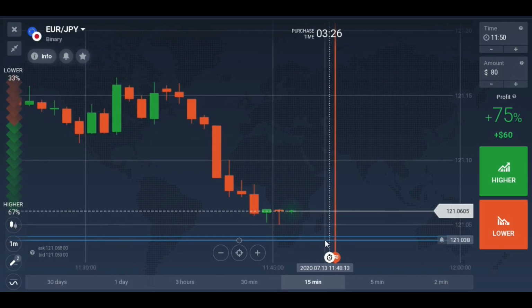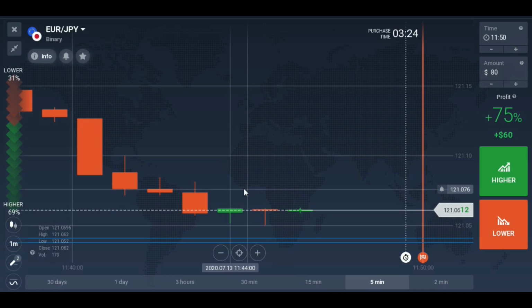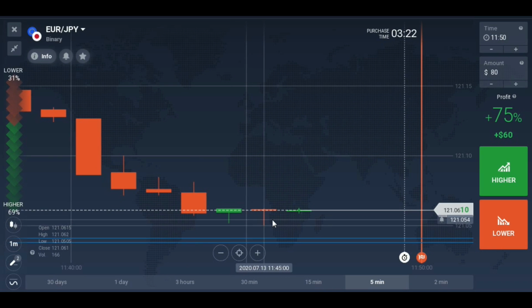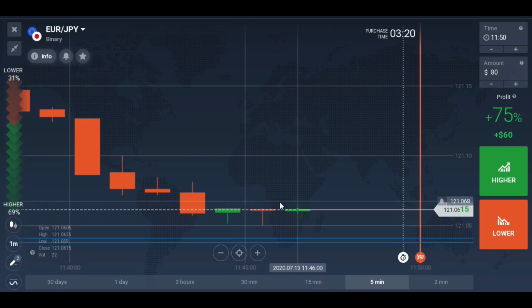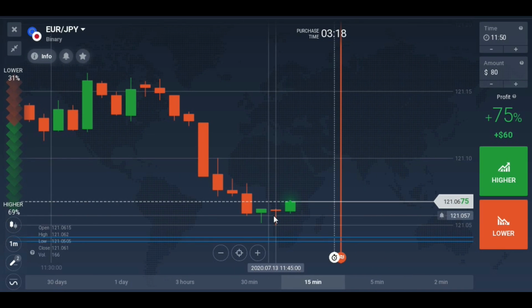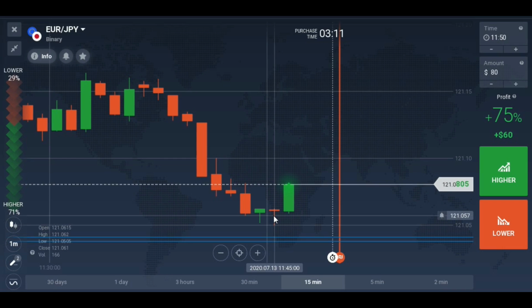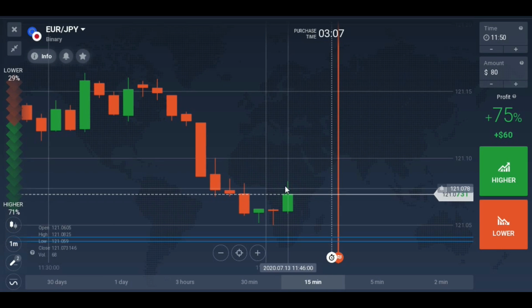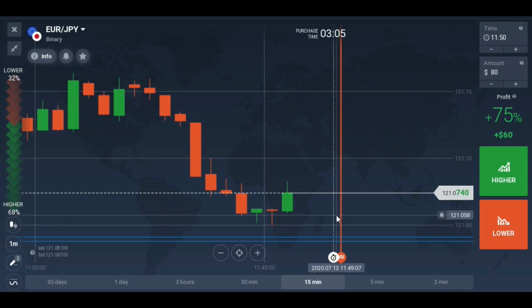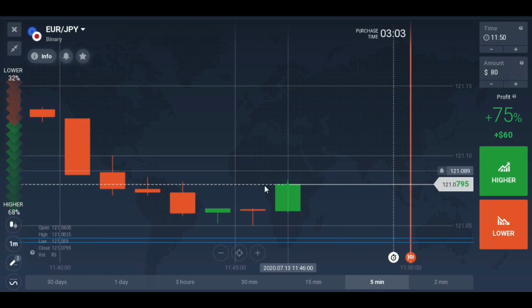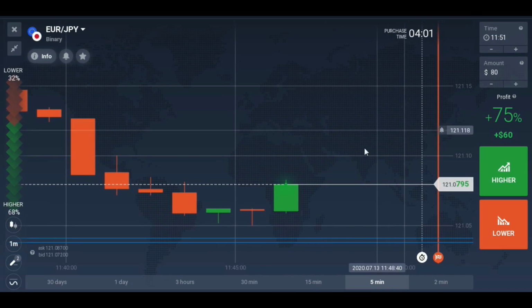As you can see, the second candle is also a sign that there is pressure from the buying side. What we need is a good candlestick pattern which will give us confirmation that yes, there are buyers, and this candle is very trustworthy, I can see. Let this candle finish, and then we will take the trade.